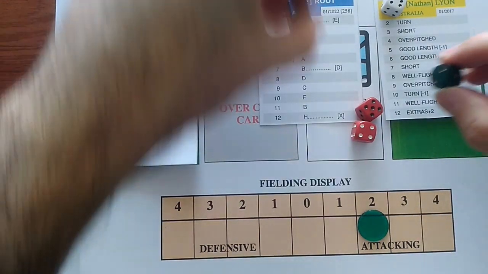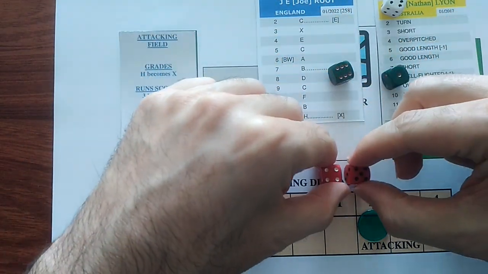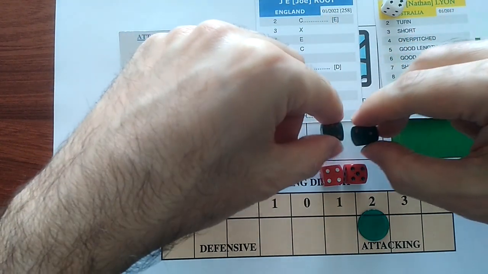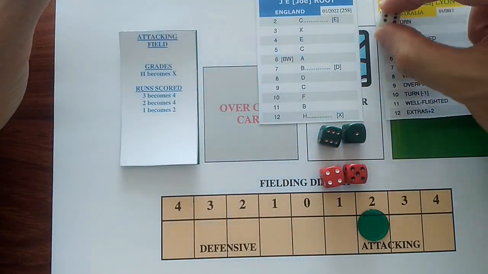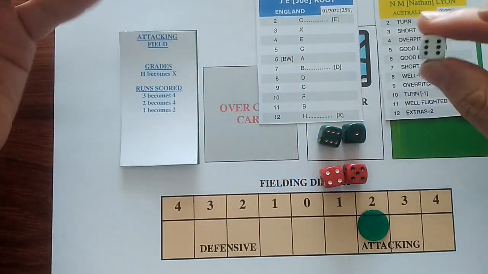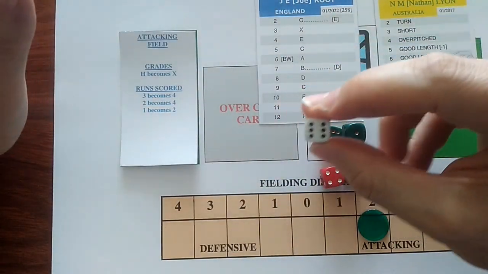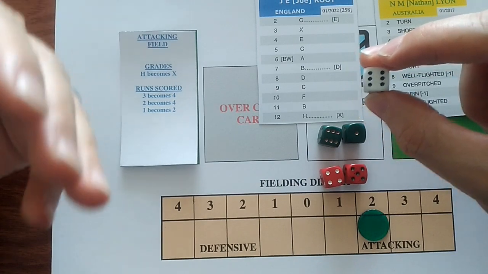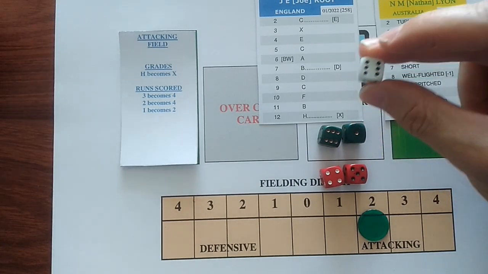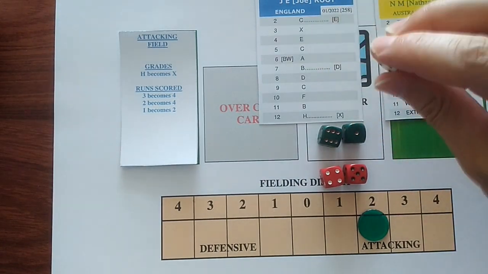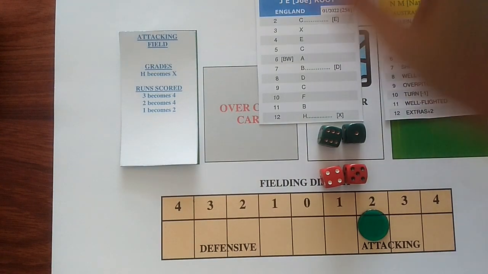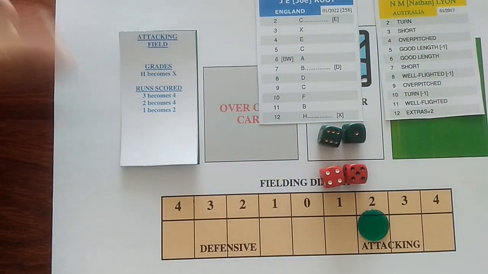Now, again, we have the batsman's dice, we have the bowler's dice. But in this case, when we're looking at the fielding part of it, the white dice does not count at all. So, yes, you're going to roll it because you might have a new ball card, etc. You might have pitch conditions that come up, but we don't need to worry about that when it comes to this fielding setting.